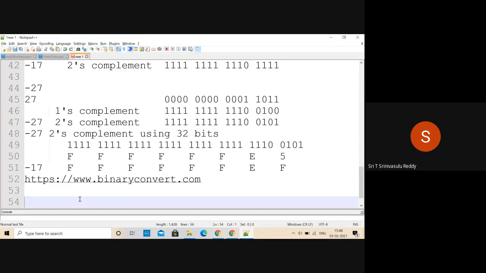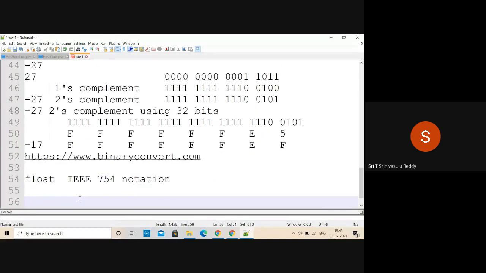Now, real numbers, for example, how do we represent float data types? Float data type is represented by using IEEE 754 notation. IEEE notation is a standard about how a real number is represented.